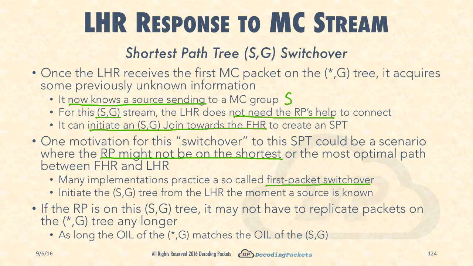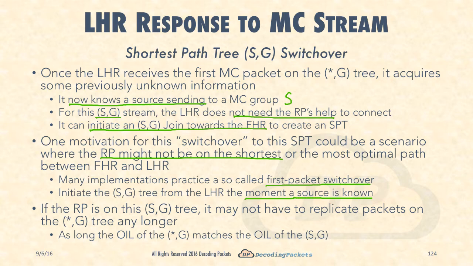So it could be on the most optimal path, you have no idea. But regardless of that, they practice the first packet switchover, and they'll just create an independent S comma G tree regardless. So the moment the source is known, the very first moment, they initiate this S comma G tree, and they'll keep both the star comma G tree and the S comma G tree simultaneously.